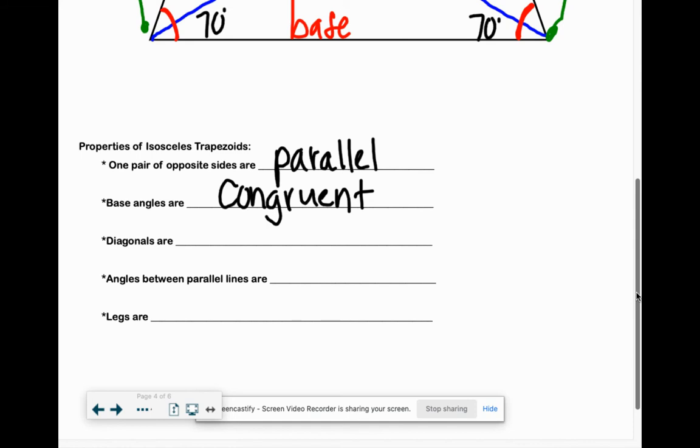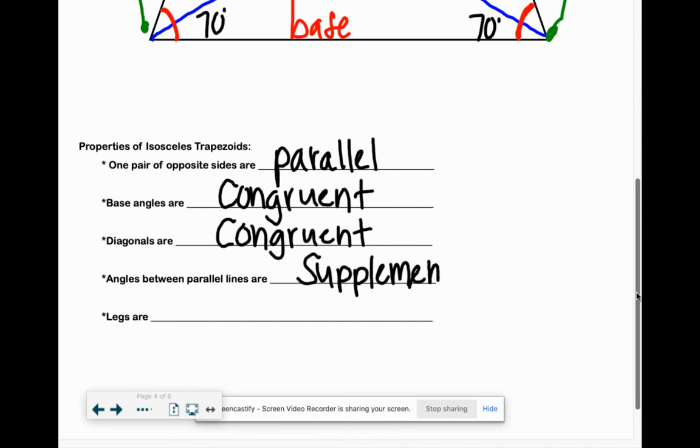Our diagonals are also congruent. Our angles between our parallel lines are supplementary. They add to 180. And legs are congruent.